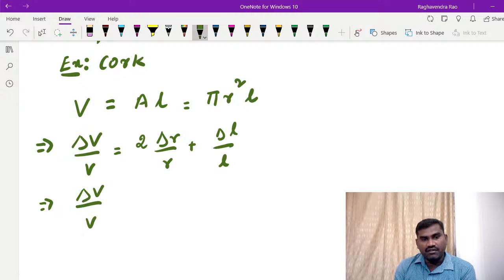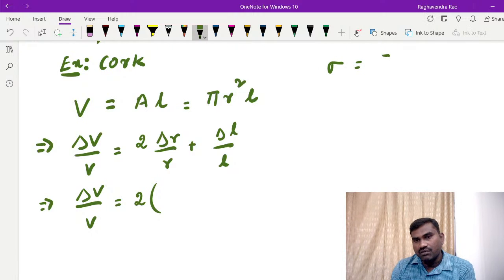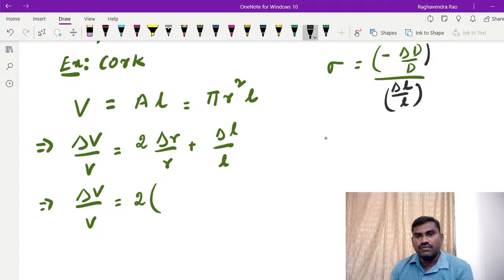That implies delta V by V is equal to 2 into delta r by r plus delta L by L. Now, sigma is equal to minus delta d by d divided by delta L by L. In place of delta d by d, since d is 2r, the 2 cancels and we get the ratio delta r by r.